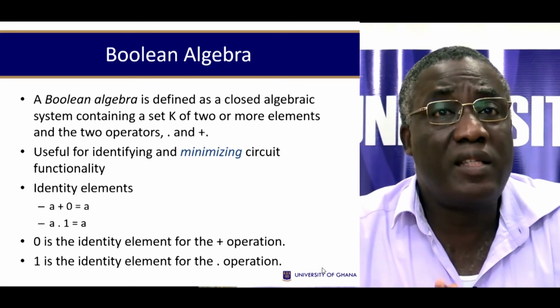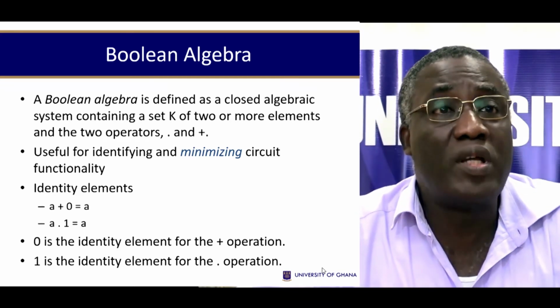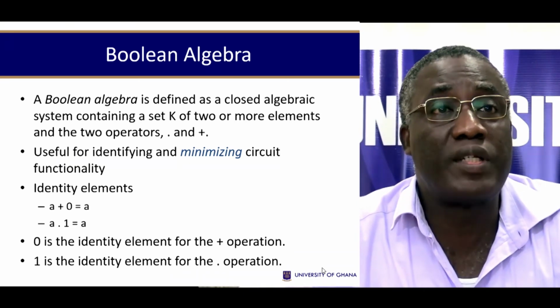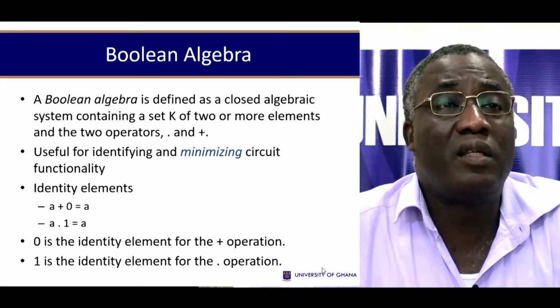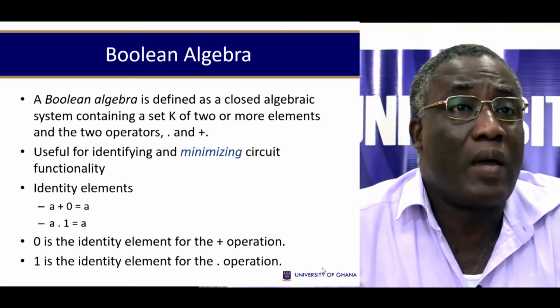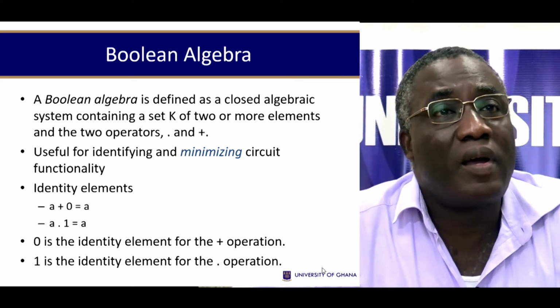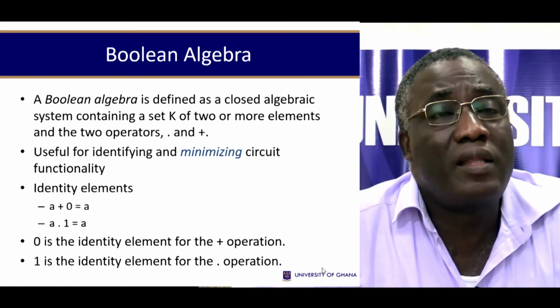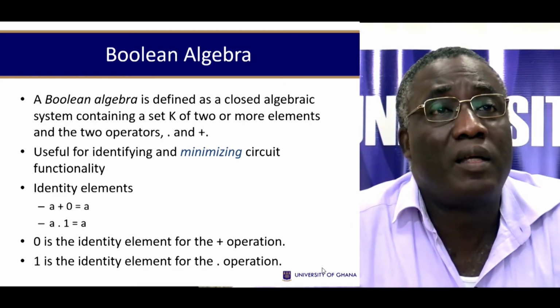So 0 is the identity element for the OR operation, and 1 is the identity element for the AND operation. In other words, if you multiply any number by 1, you get the same number, and if you add 0 to any number, you still get the same number.